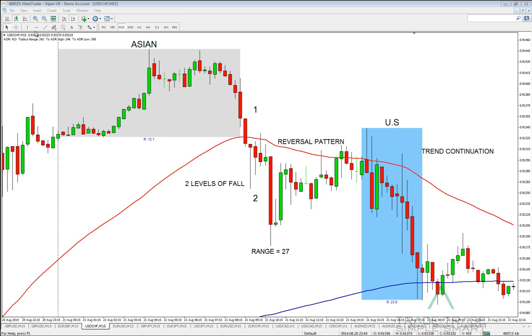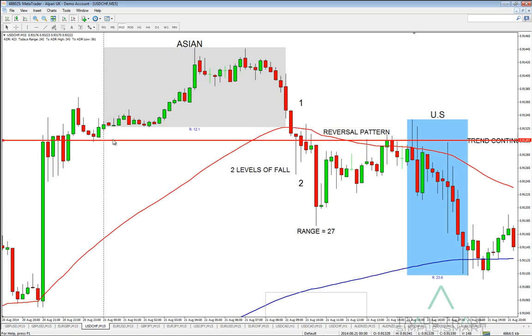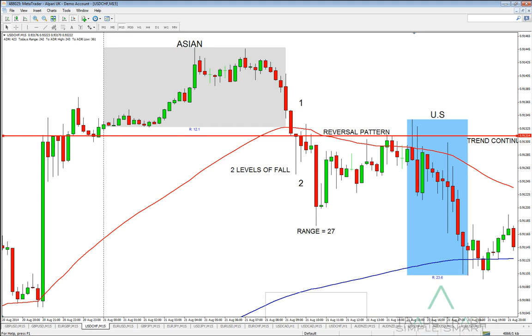Now, I'm just going to point out, if I mark off this prior level of support and resistance, we can see that we have 1, 2, 3 significant touches, and then the last leg of the M formation, or the ABCD, we see that smart money push prices through this level, induce buyers into the market, they sell into this and continue the trend.